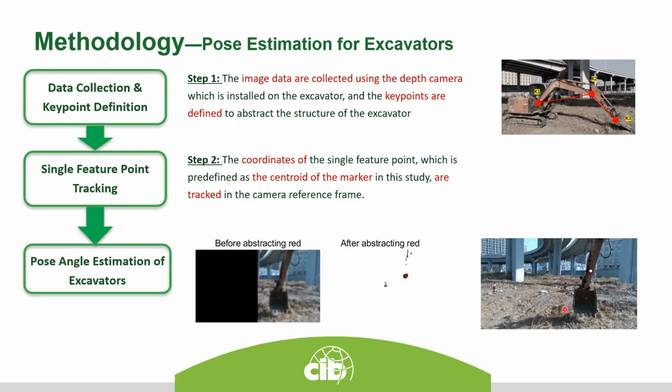We can find the centroid of the marker in this image and retrieve its depth in a generated depth map. Combining the depth of the point and its location in this image, we can determine its 3D coordinates in the camera reference frame.